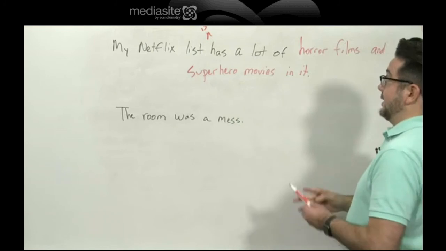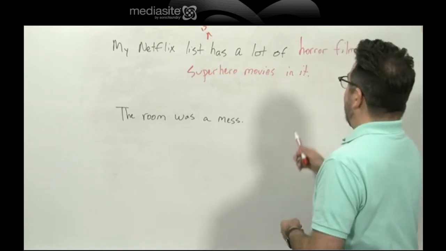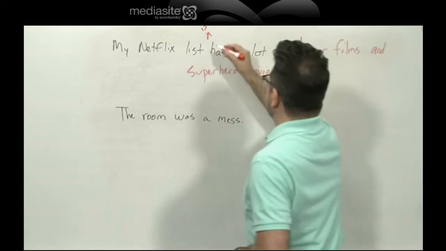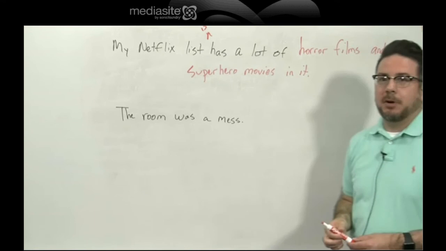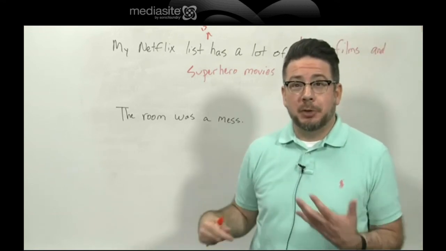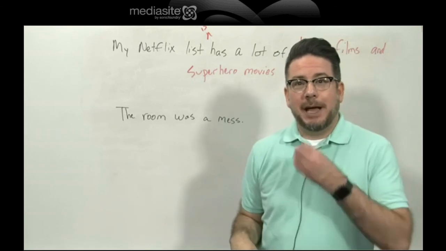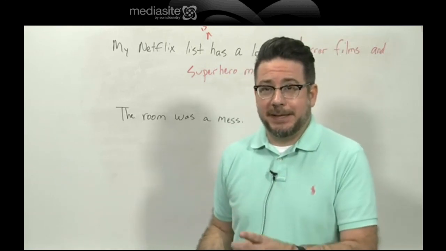My Netflix list is long, that's another specific detail I could throw in there, and has a lot of horror films and superhero movies in it. Now that's more interesting. It tells you a little bit about what my movie tastes are. So now I'm actually telling you something by adding in a little bit of specific detail.